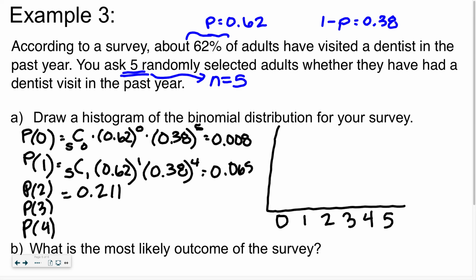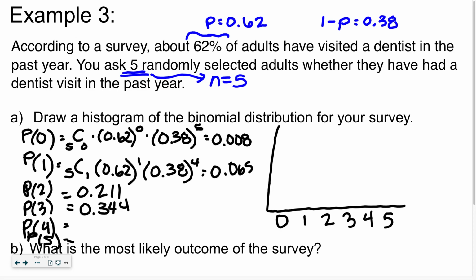See, Dylan got 0.344. For the probability of 3, we're going to get a 5 in there too, don't we?